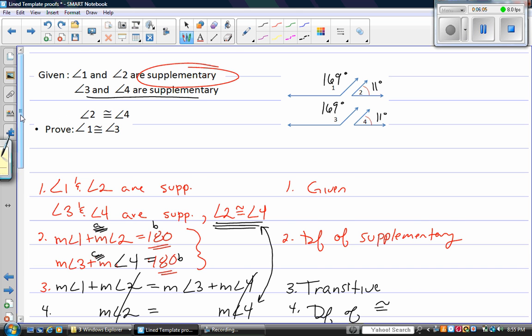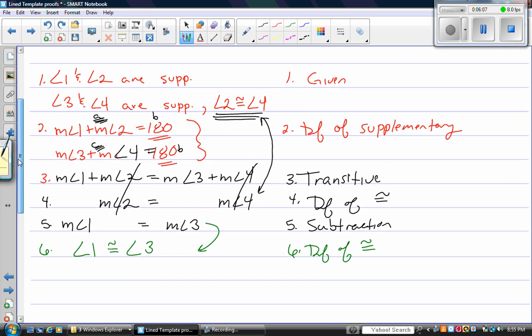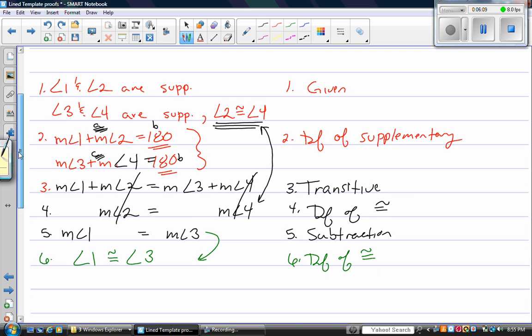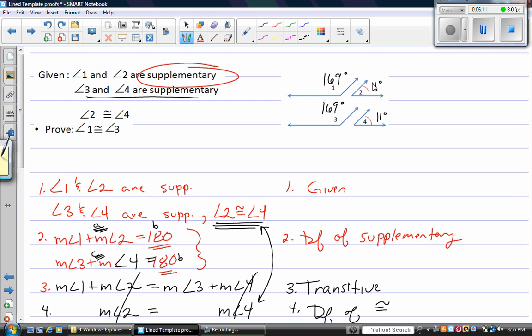But this proof allows you to make the argument that it doesn't matter what values we use, it's always going to work. Whether this is 11, 12, 15, 30, 45, 10.258, it doesn't matter. These two angles, 1 and 3, will always end up being congruent. If 1 is supplementary to 2 and 3 supplementary to 4, but 2 and 4 are congruent to one another, angle 1 and angle 3 are going to end up being congruent to one another as well. Okay?